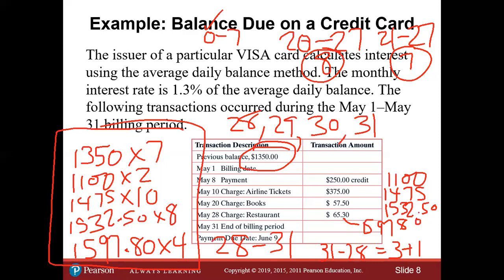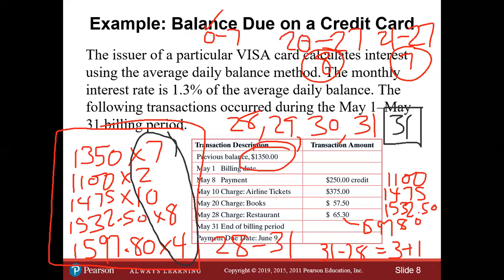So if we add up the number of days off to the side that I have multiplied these by, this should account for the entire billing period, which was the 1st to the 31st. So it should be 31 days total. And if you add those up, it does get you 31.